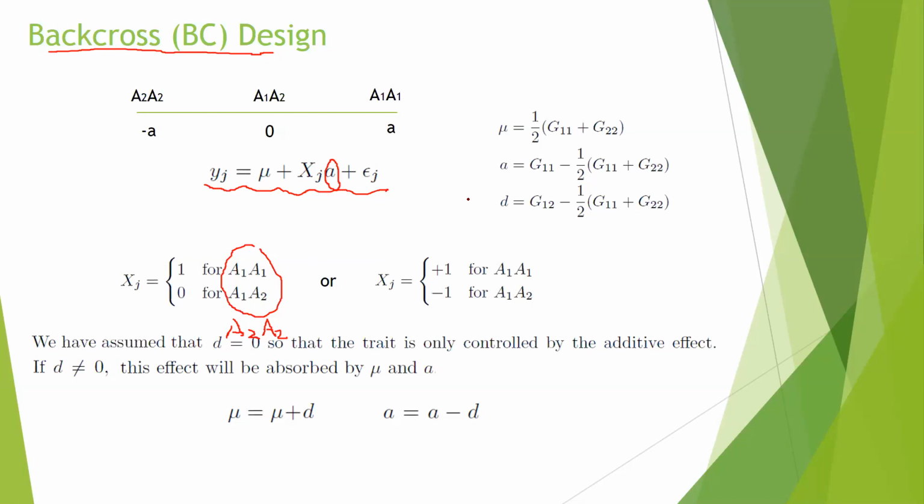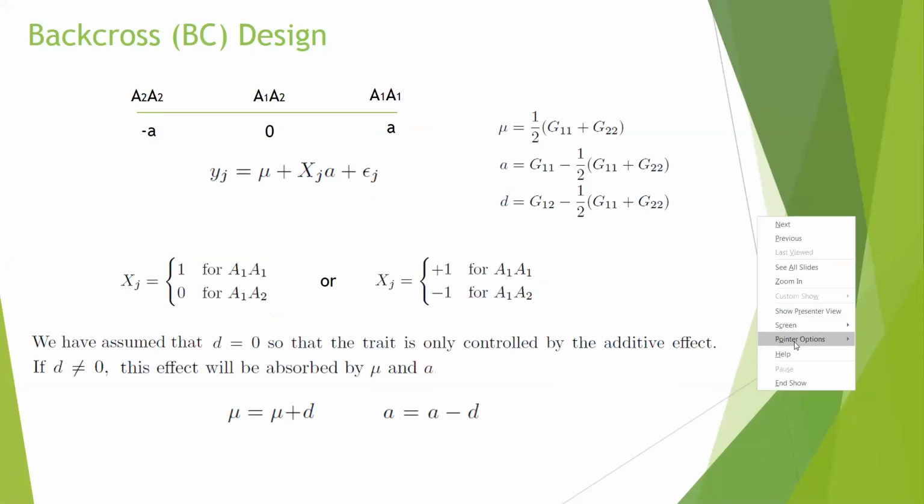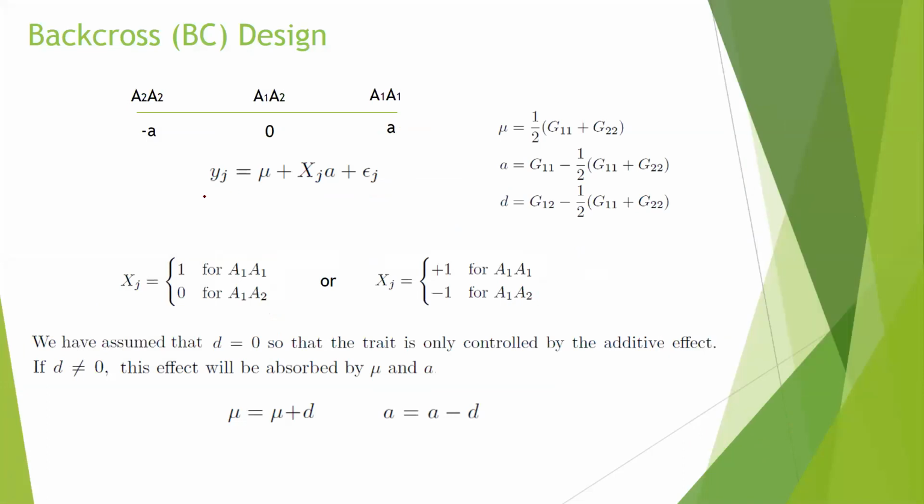All right, and so in this case, as I mentioned, we use a very simple regression model to describe the relationship between the phenotype and the genotype of a locus, by assuming there's only additive effects. So this is a very simple linear regression, right?